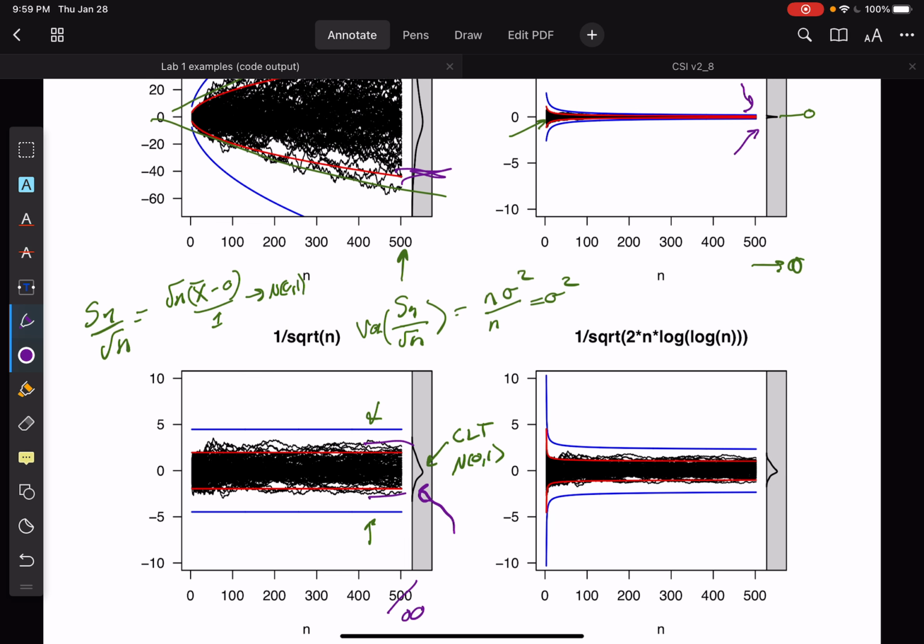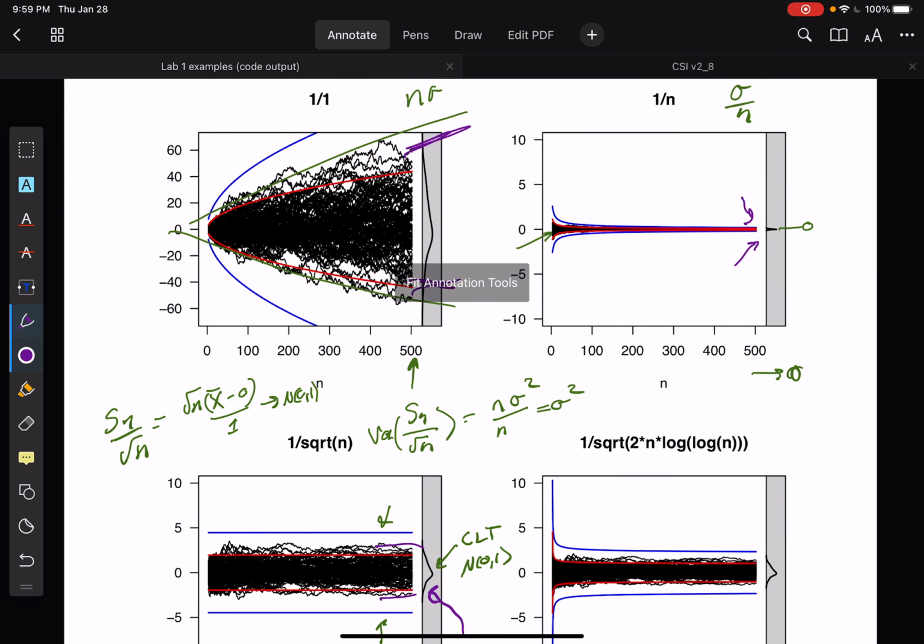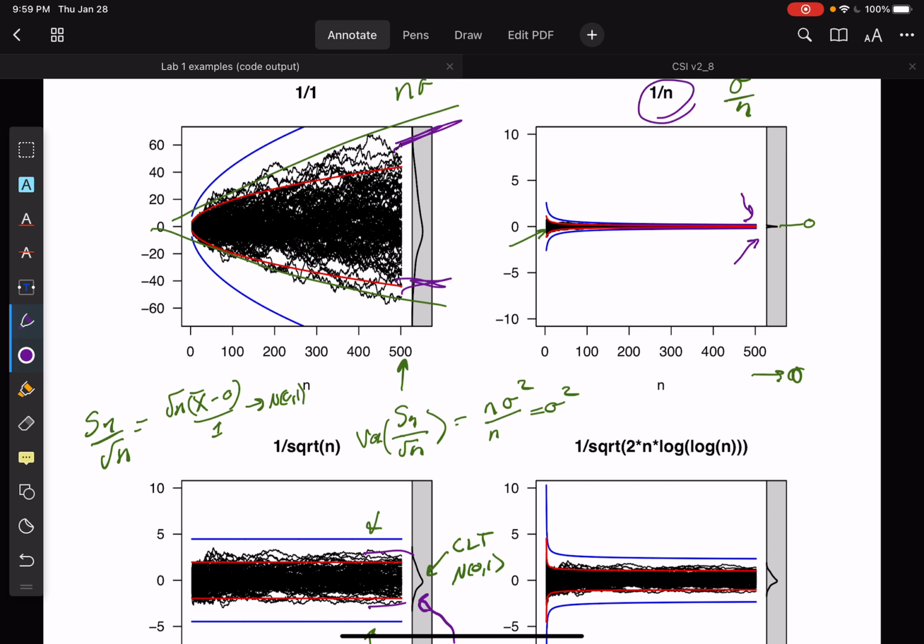So I say, okay, what's in the middle? The law of the iterated logarithm is supposed to be in the middle of this top right one and this right here. And that's because I'm adding a little bit to the denominator. So I have my square root n here, and then I'm adding a little bit more, making the denominator a little bit larger.